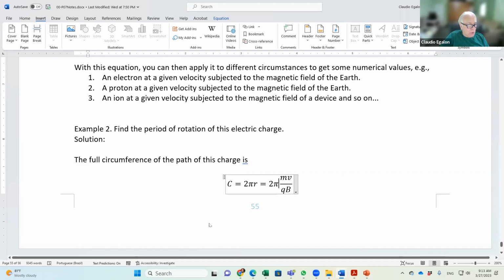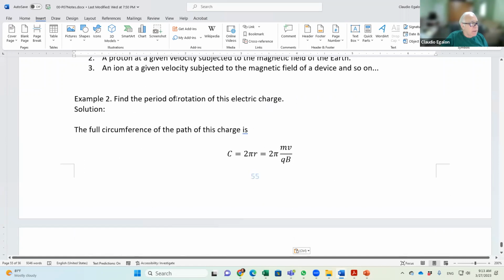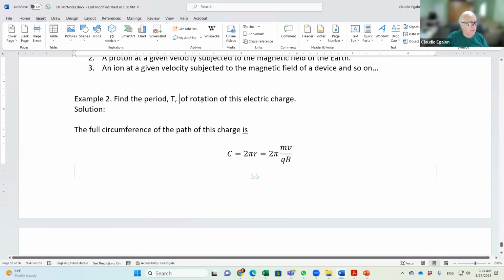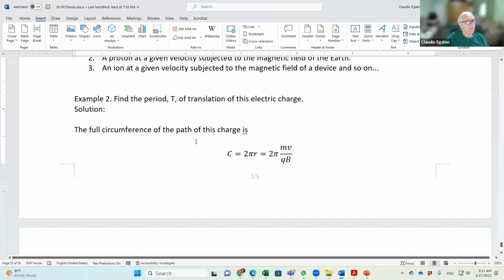Find the period T of the rotation of this electric charge. Actually, it shouldn't be rotation, it should be translation of this charge.